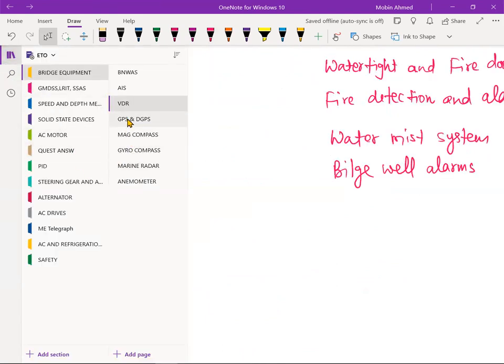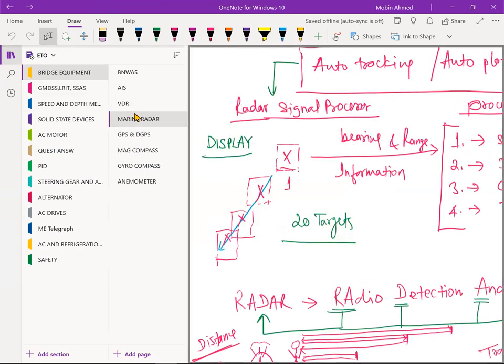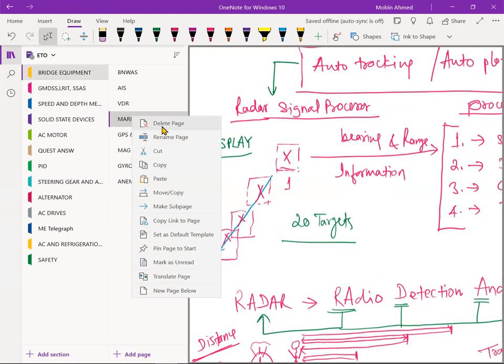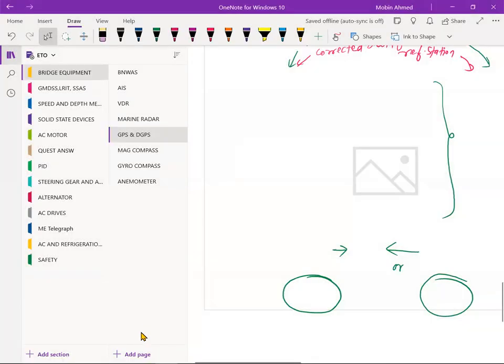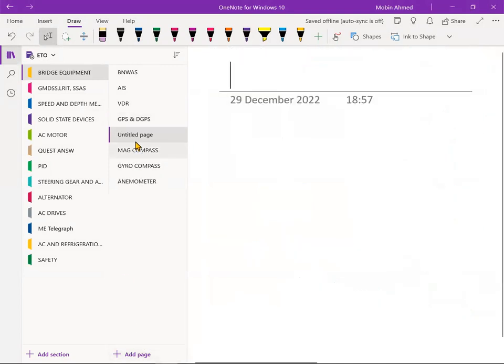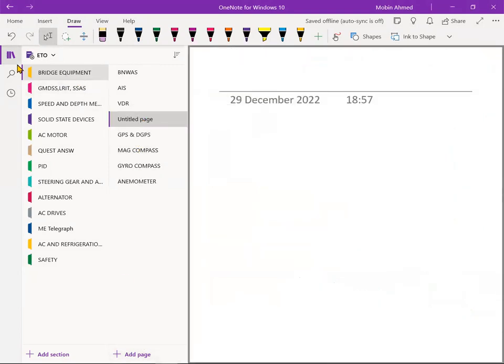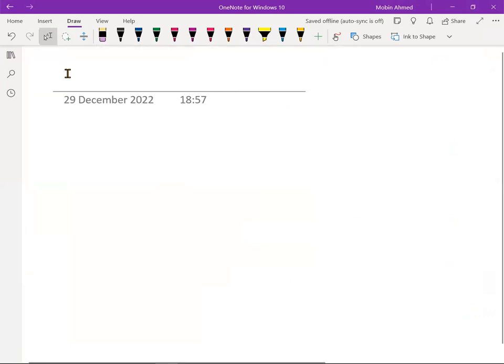Okay. Next, we are going to see about the marine radar.